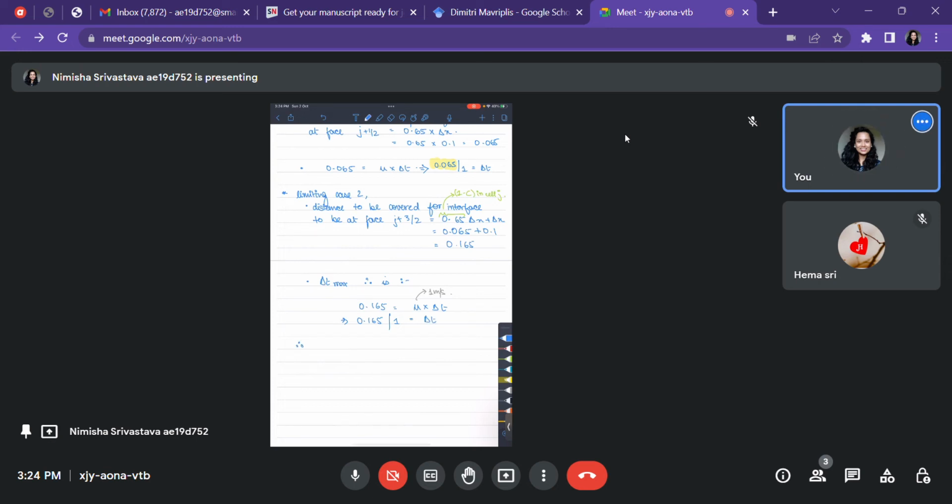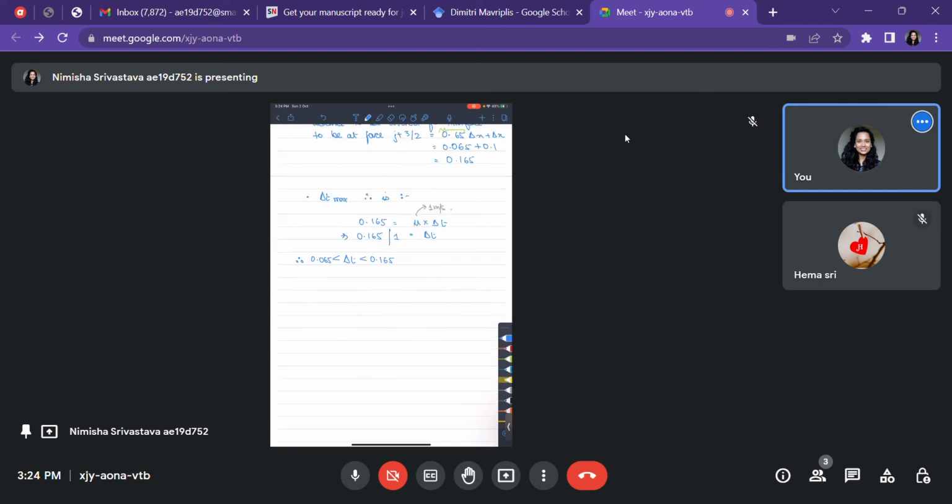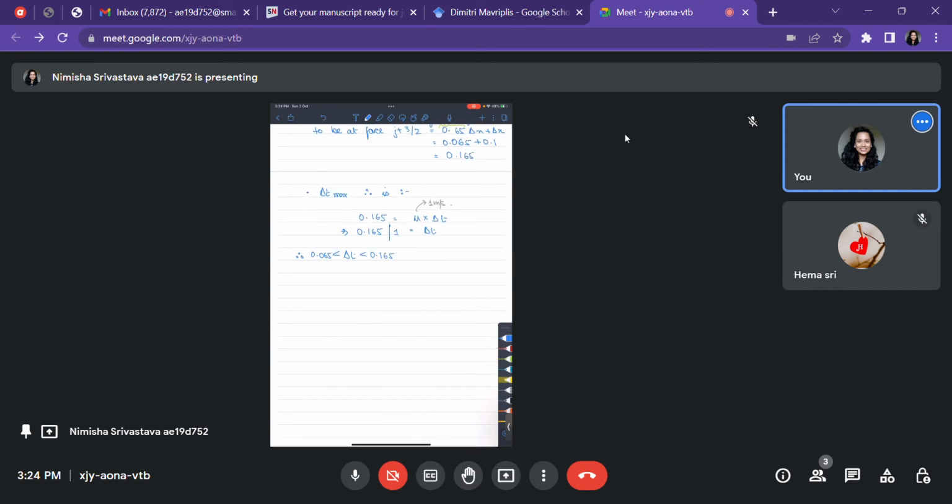Therefore, delta t must lie between 0.065 to 0.165 for the interface to lie in cell j plus 1.